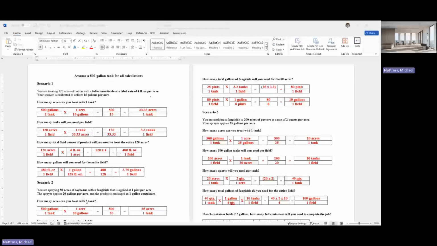So first, how many acres can we treat per tank? 500 divided by 20. We can treat 25 acres with 1 tank.